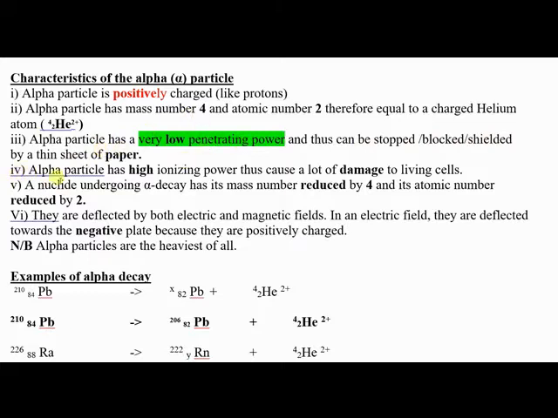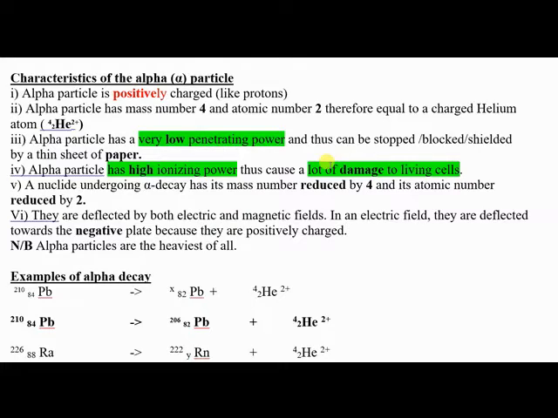Number 4, alpha particle has a very high ionizing power, thus causes a lot of damage to living cells. Even when you go for X-ray, they don't use alpha particle radiations.